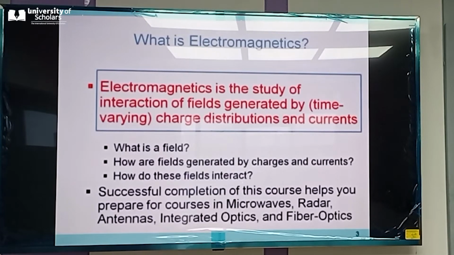And you might be wondering, what is this electromagnetics that one needs to study? Is circuit theory not enough to understand whatever there is in electrical engineering? These are the questions one should ask, right?